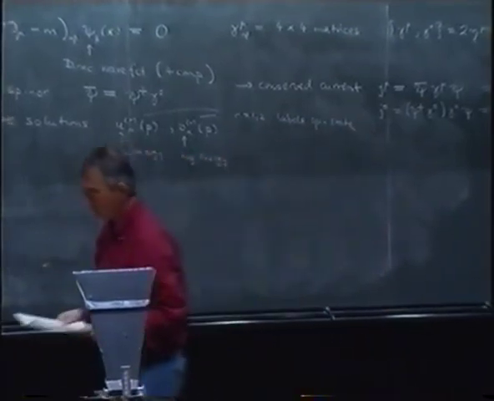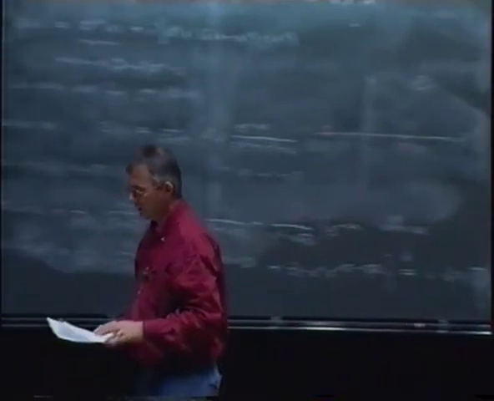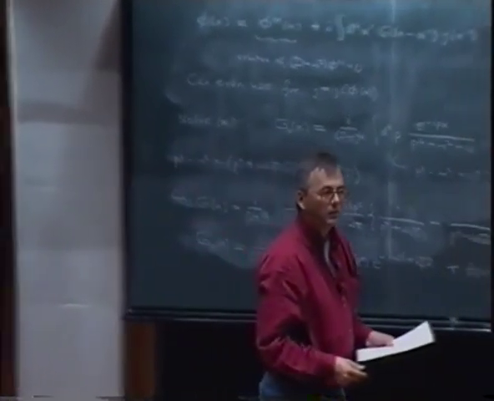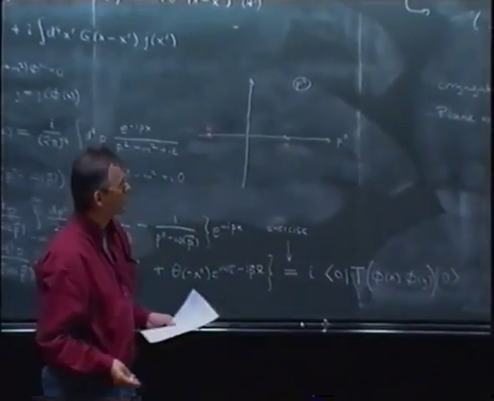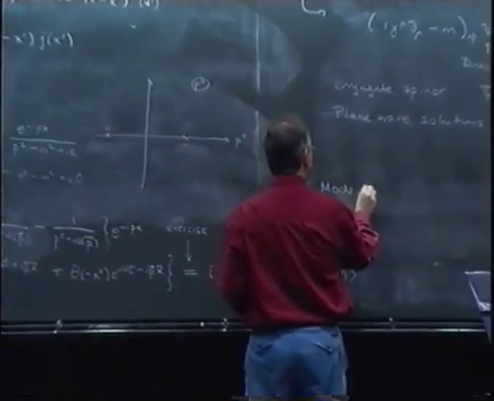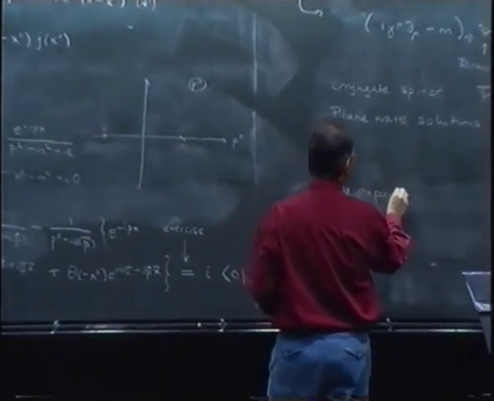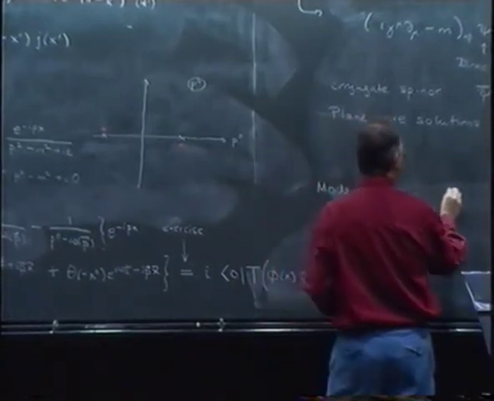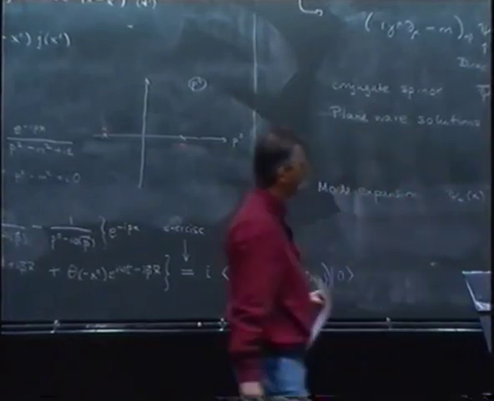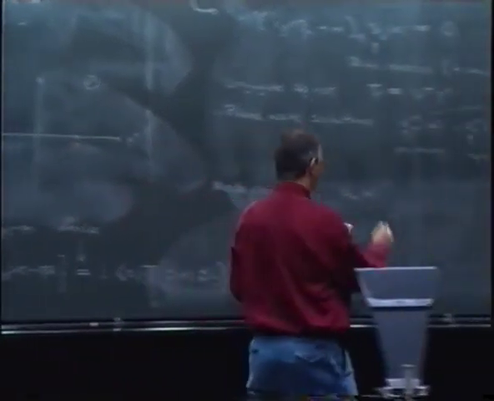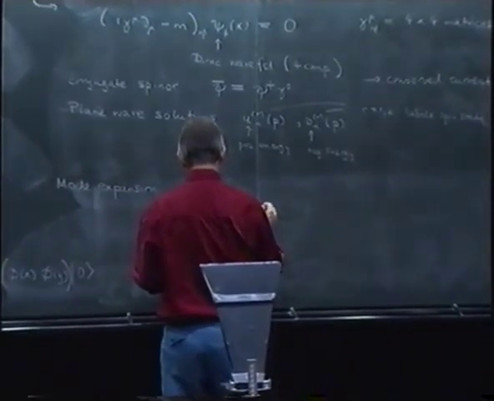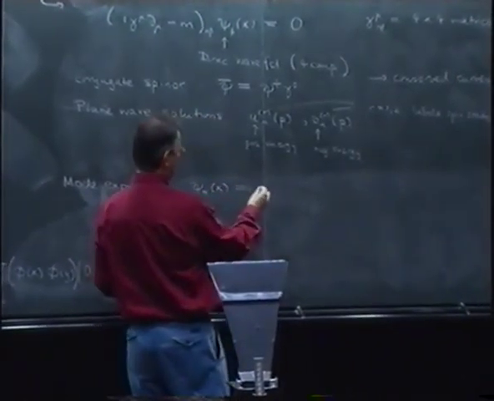Given those four solutions, we can write down a mode expansion for the Dirac field, which is very similar to the mode expansion for the scalar field. It's a little more complicated to write than for the scalar field.